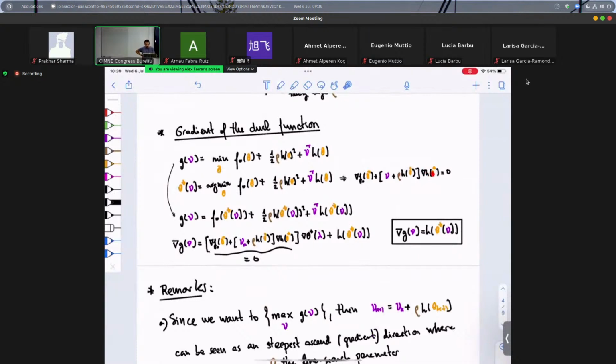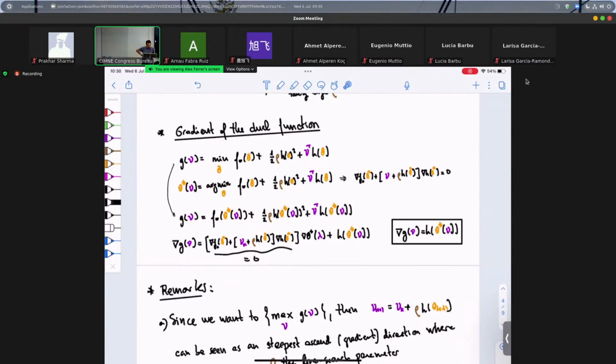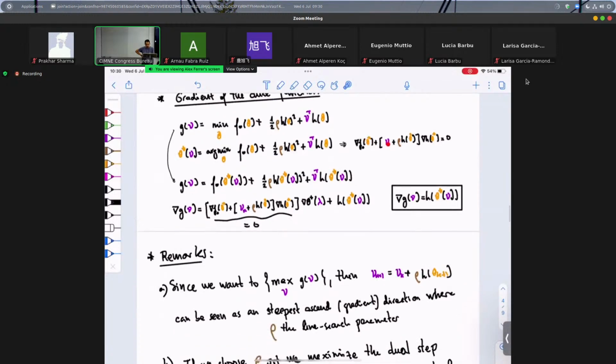If you obtain the optimal solution of theta and then you plug it inside, then you have the dual. The dual is obtaining the optimal theta and plugging it in the cost. So you take the value, you put it here, you put it in H, and you put it here. It's just what I have been doing here. But now theta depends on nu.